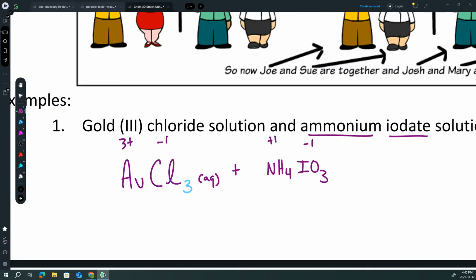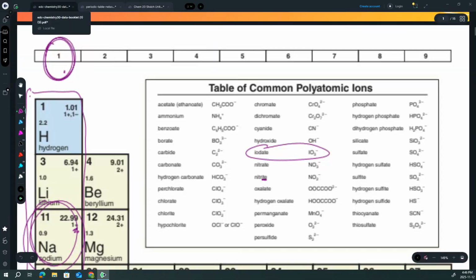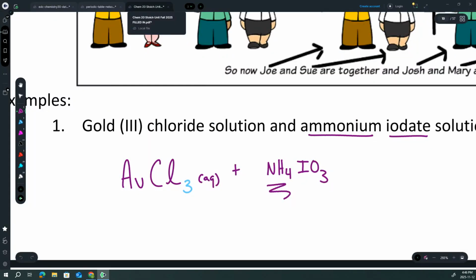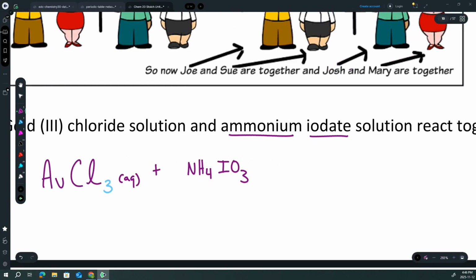Since 1 minus 1 is equal to 0, we do not need to do crisscross applesauce. And since I only have one of each polyatomic ion, I do not need to put brackets. If you're wondering how I knew ammonium was NH4, you can find ammonium right here. All right, so since it's a solution, that's also AQ.